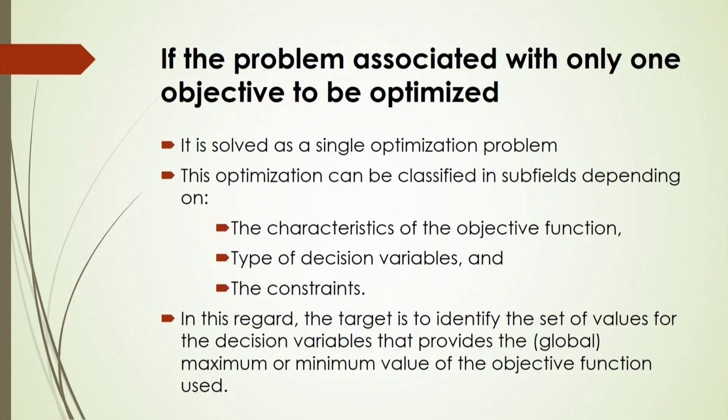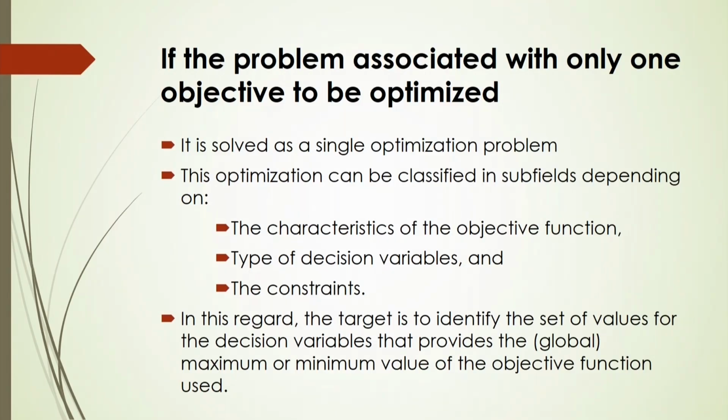If the problem is associated with only one objective to be optimized, it can be solved as a single optimization problem, and this optimization can be classified into subfields depending on the characteristics of the objective function, types of decision variables and the constraints.